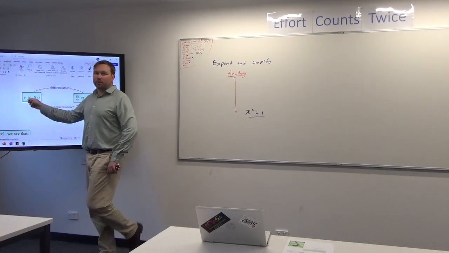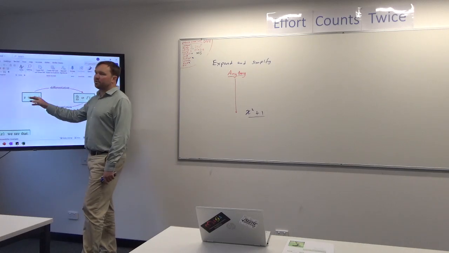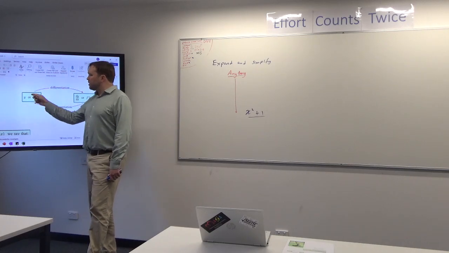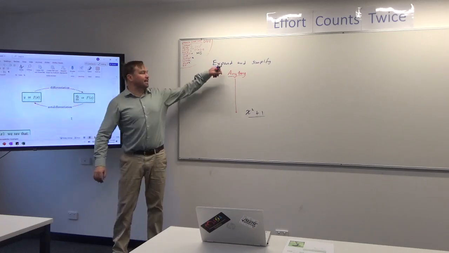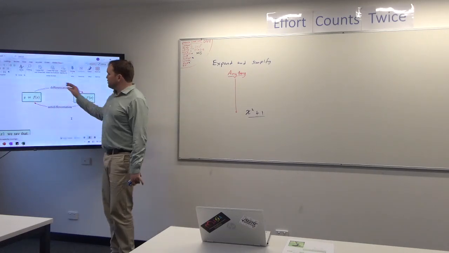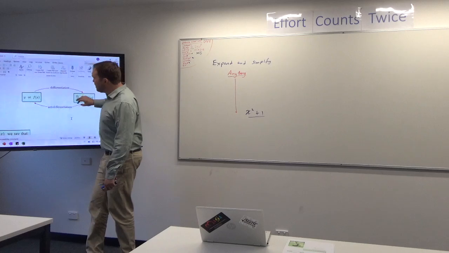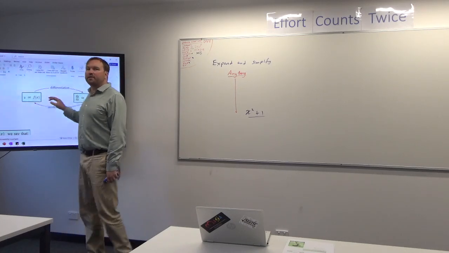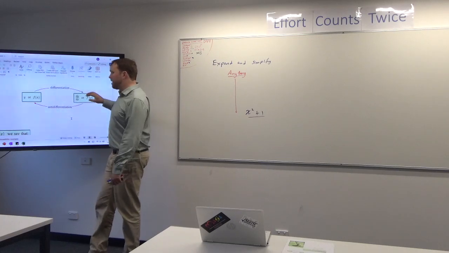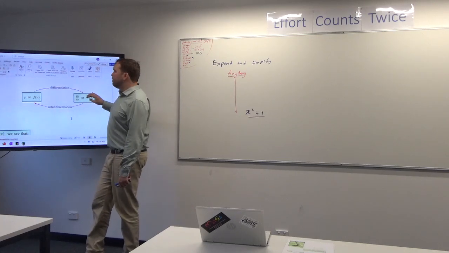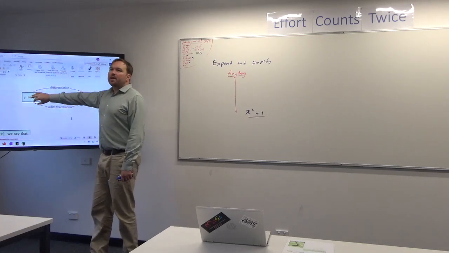Using those rules, product, chain, quotient, etc., you can differentiate absolutely everything. That's the equivalent of expanding and simplifying. Slightly frustratingly though, not everything can be anti-differentiated. There are functions out there that you can't anti-differentiate, and there aren't the same simple set of rules for anti-differentiation.